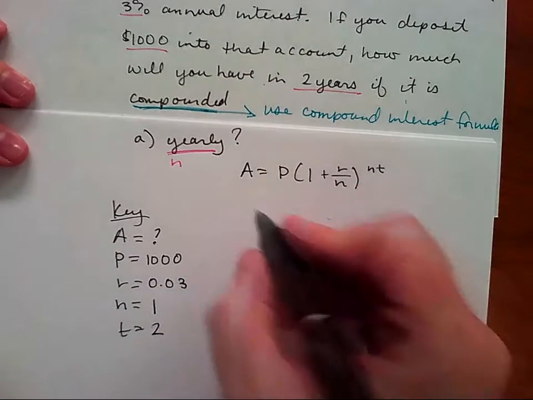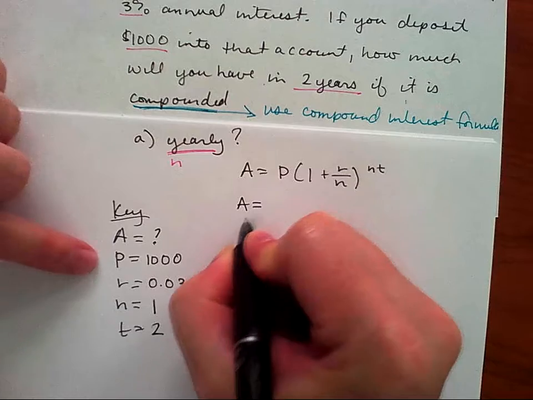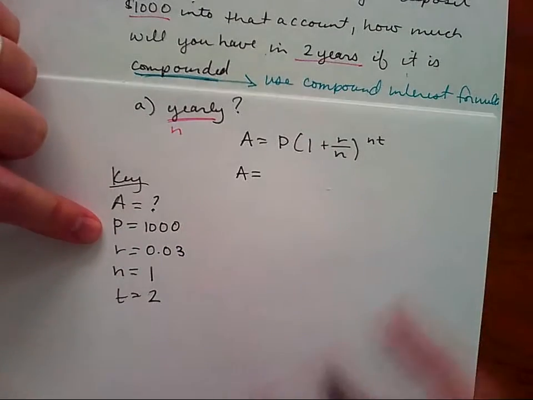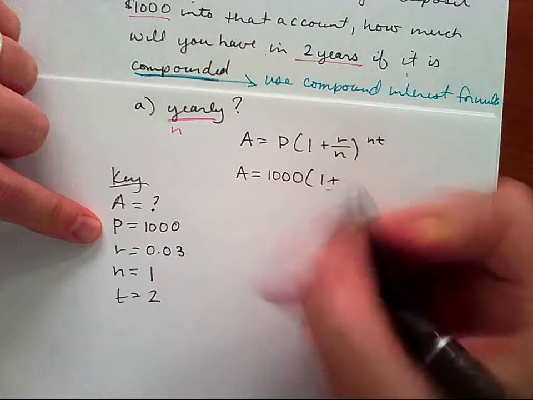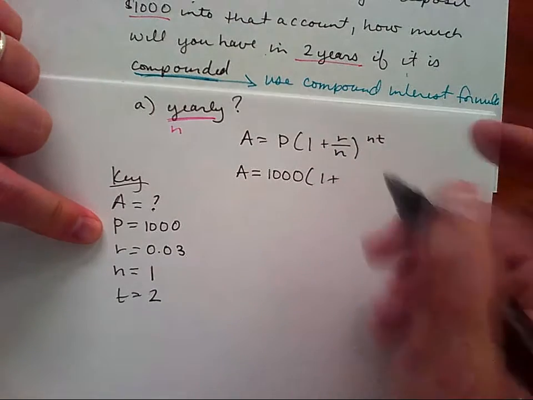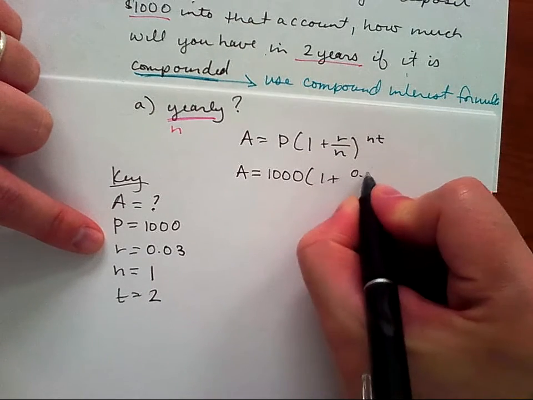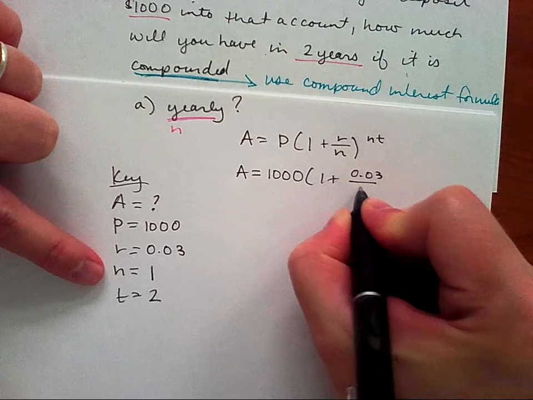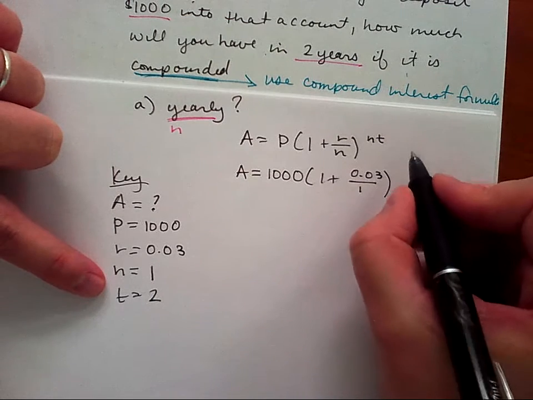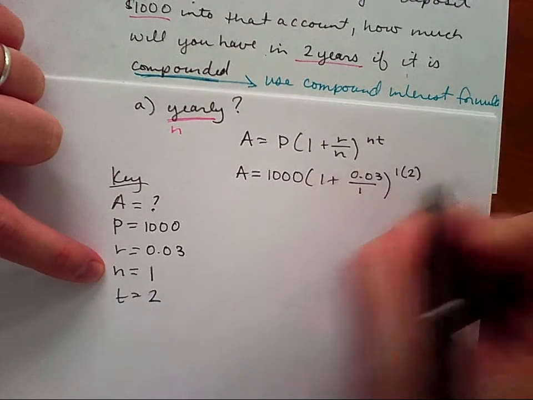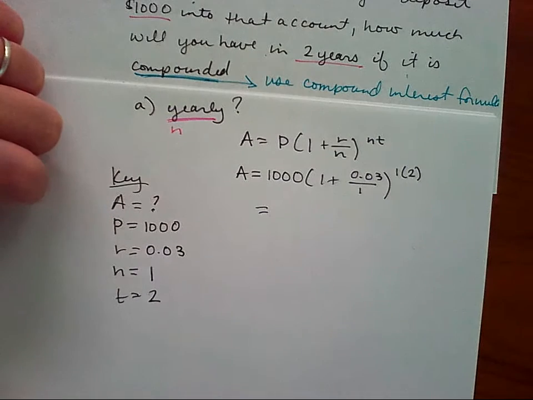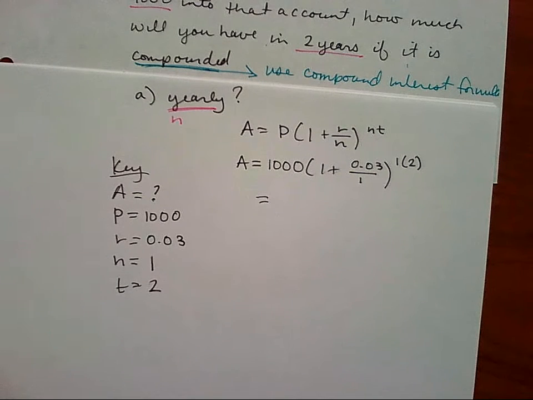Okay, so let's plug all this stuff in. A, that's what we're looking for. I have all my other letters. A equals P times 1 plus R, 0.03 over N, which is 1, to the NT, so 1 times 2. Now we can plug that into our calculator, right? Let's say you have the dollar store calculator.